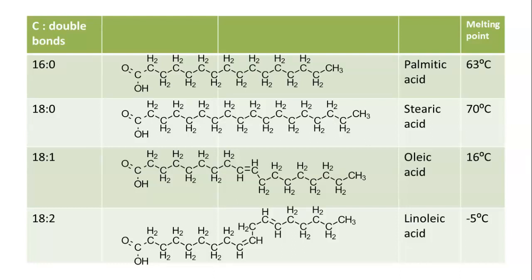Second one down the line says it's got 18 carbons in it. No double bonds. We call that stearic acid. It has got a melting point of 70 degrees Celsius. That's even higher. So the more carbons you put into it, the higher the melting point. We move down one from that and we get oleic acid, which says it has 18 carbons and 1 double bond in it, and all of a sudden we're looking at 16 degrees Celsius. Is 16 degrees Celsius going to be liquid at room temperature?